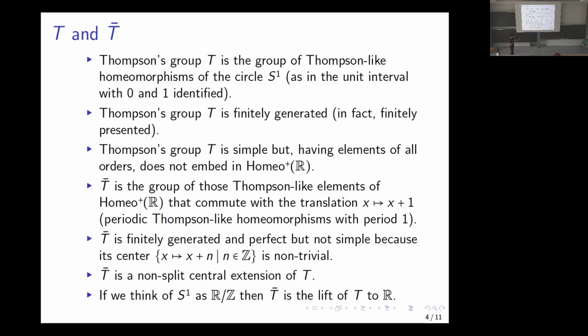The x plus 1 must then go to y plus 1. So if you take the homomorphism from these periodic homeomorphisms of the real line to Homeo of the circle, and T is in Homeo of the circle, then T bar is just the pre-image of T. It's all the things that get mapped into T. Okay. And T bar is super useful because it's perfect, which is a bit like simple, but not quite as good.